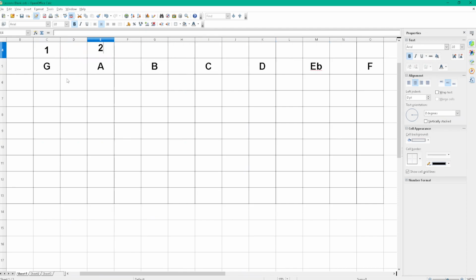By now you should know what that means. So basically like a scale: 1, 2, 3, 4, 5, flat 6, and flat 7.